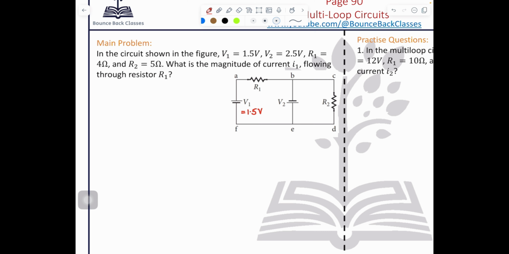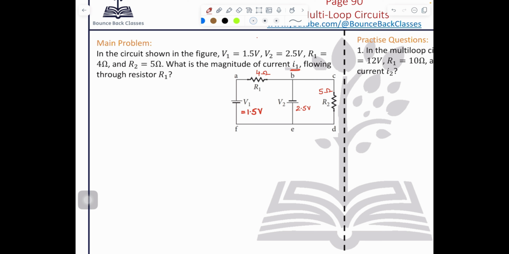Now V2 is 2.5 volt. Fine. R1 is given 4 ohm. R2 is given 5 ohm. What is the magnitude of I1 flowing through the resistor R1?